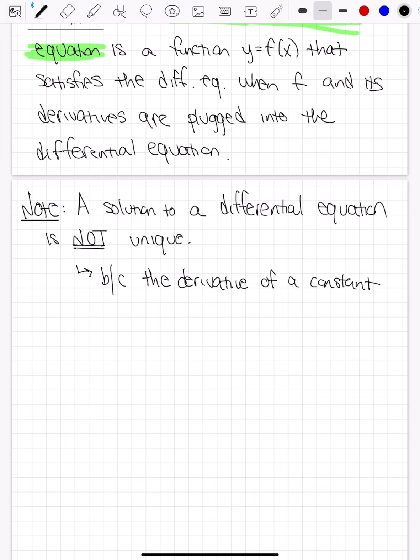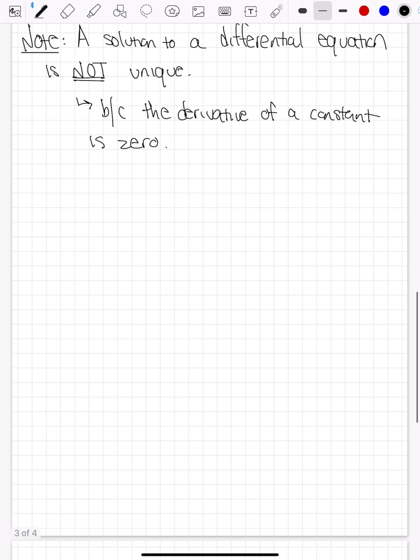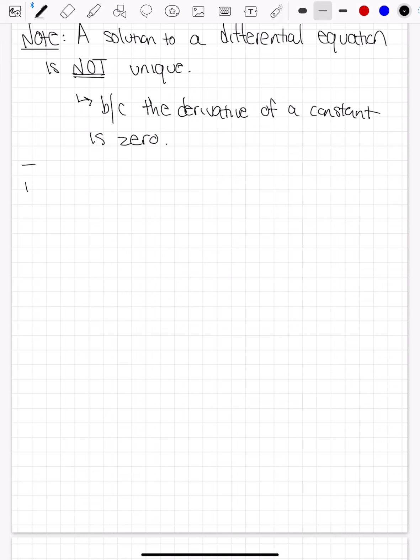Okay, so let's do an example where we show that something is a solution to a differential equation.